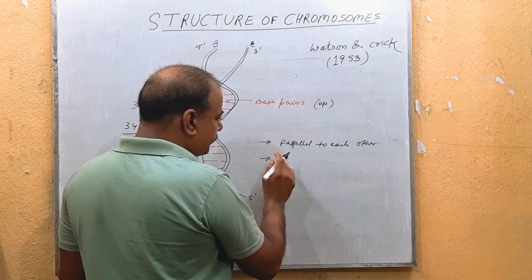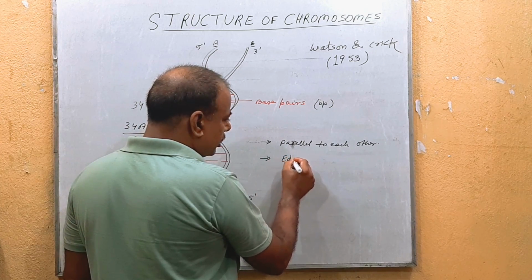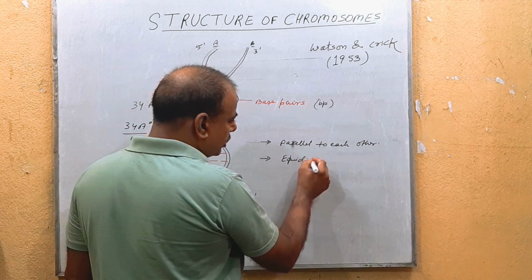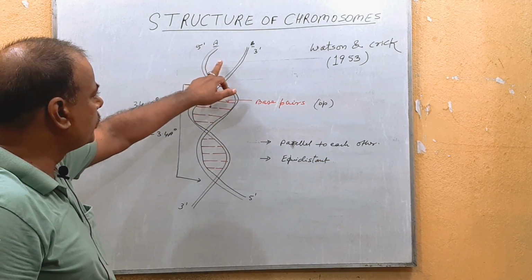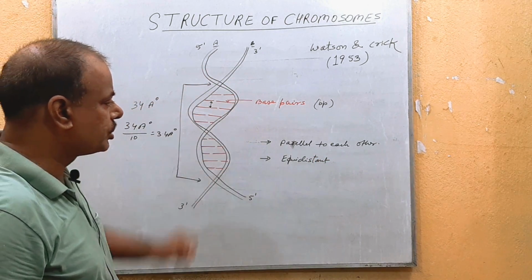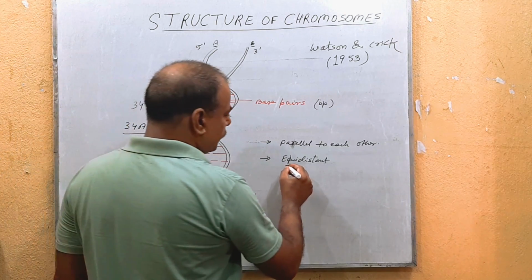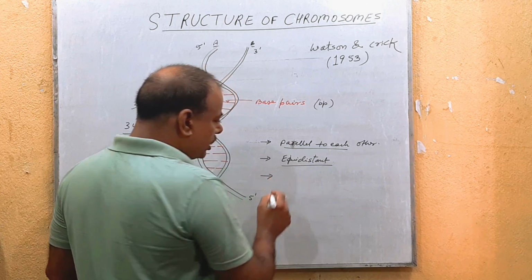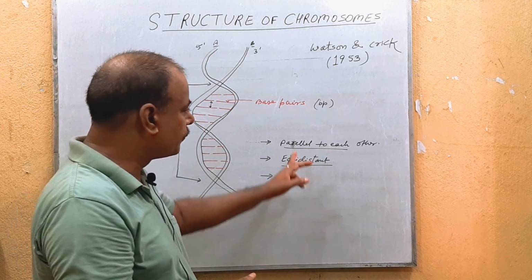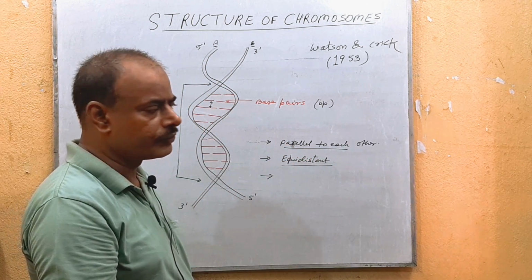You can say these are equidistant, because the distance between these two strands is the same all the time. They cannot intersect each other, and therefore they are parallel.